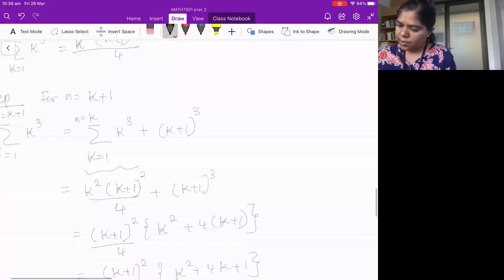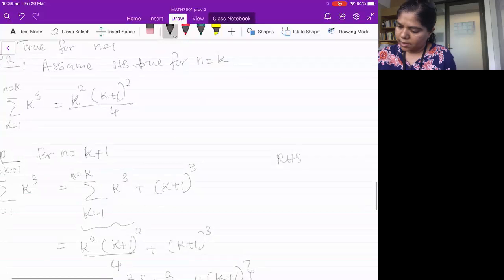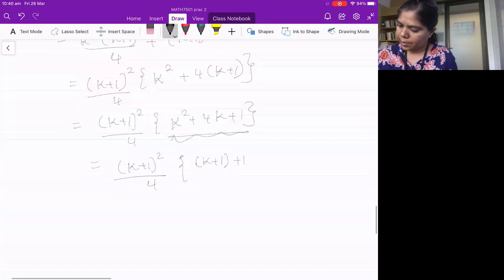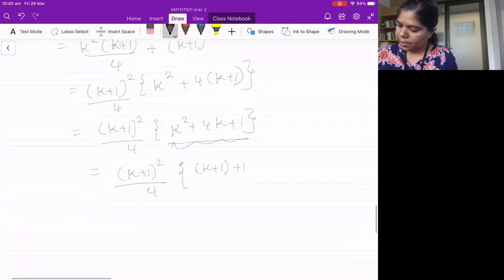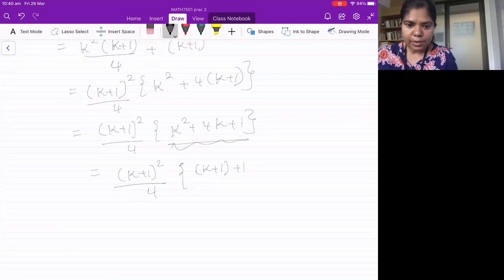So on the right hand side, if it is k plus 1, that should be k plus 1 squared, k plus 1 plus 1 squared, which is equal to the right hand side.